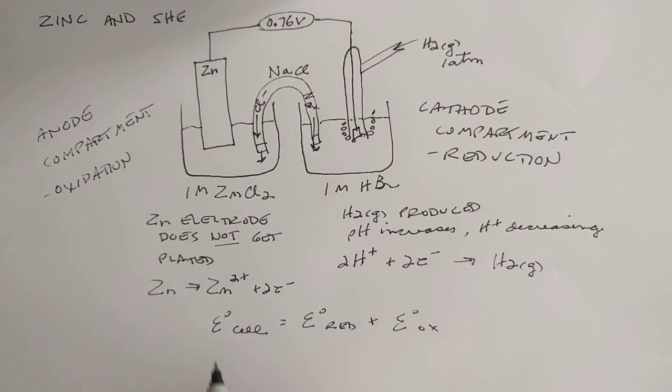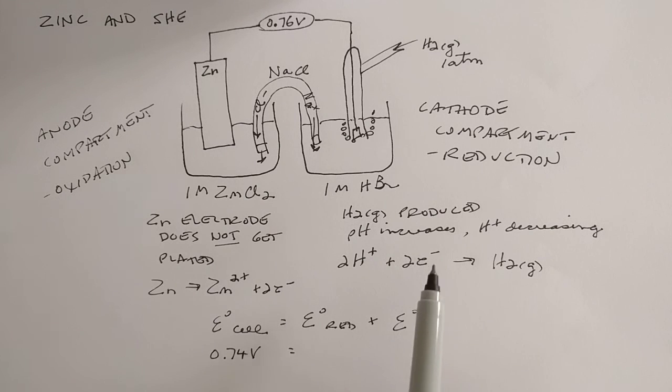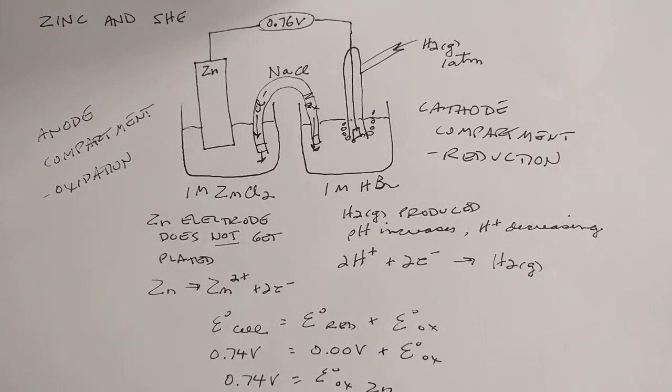So our voltmeter tells us our value, 0.76 volts, and the E0 of the reduction is 0. The hydrogen is our standard. We define that to be 0, so 0.00 volts plus the E0 of the oxidation. So that means that 0.76 volts is the E0 of the oxidation of the zinc.